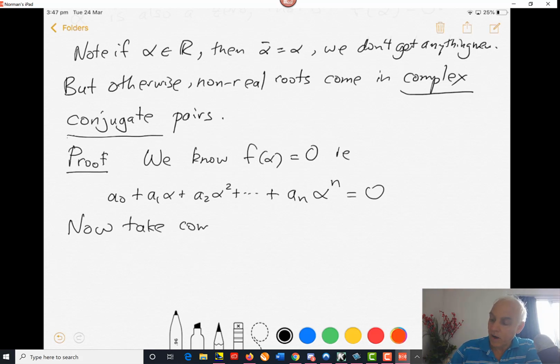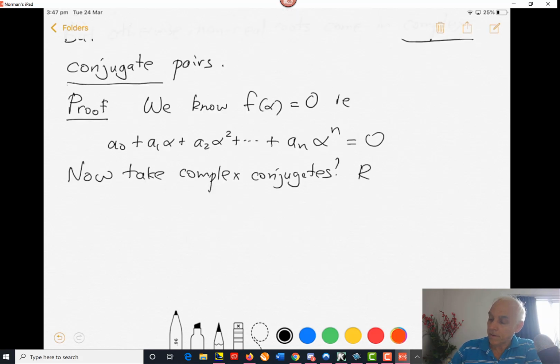Take complex conjugates. And to do that, we need to recall a couple of basic facts about complex conjugates. If you have two complex numbers, say z plus w, and take the complex conjugate of the sum, then you get z bar plus w bar.